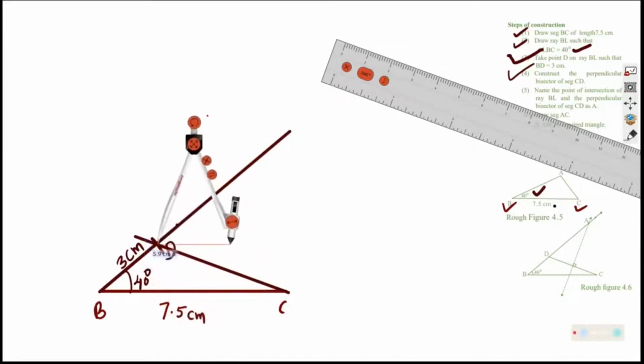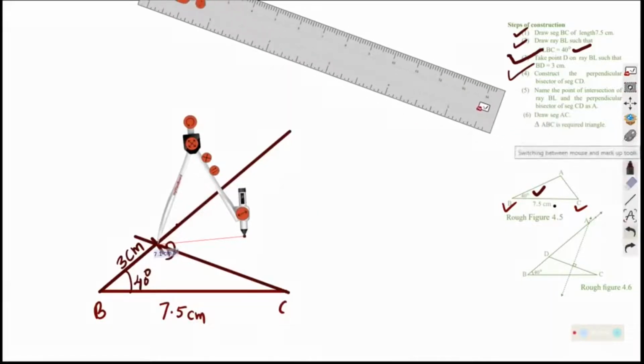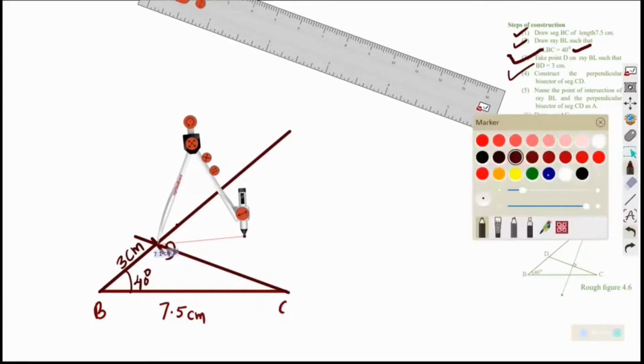We'll draw an arc on both sides. That is the purpose. I will just change the color, otherwise it will look a little difficult to identify. Draw arc on both sides.